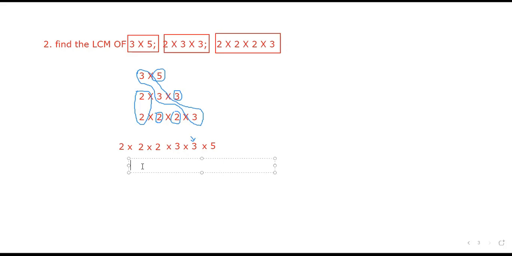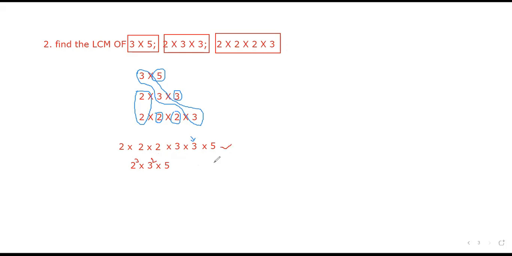So you have 2 raised to the power 3, then times 3 raised to the power 2, then times 5. So this is the answer if we go by the instruction.